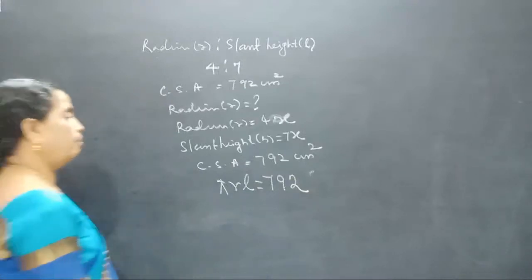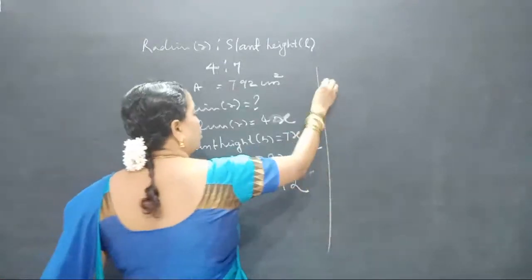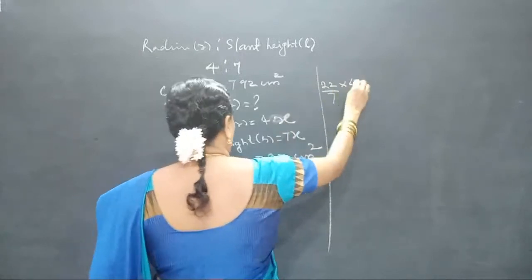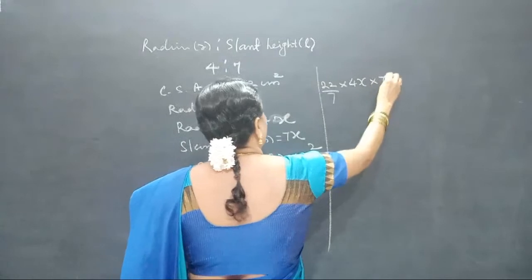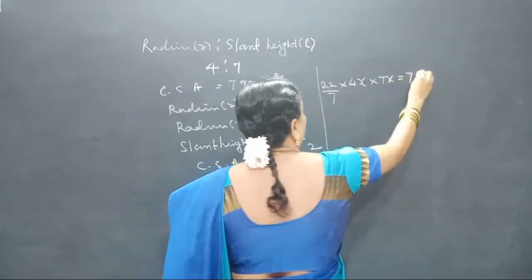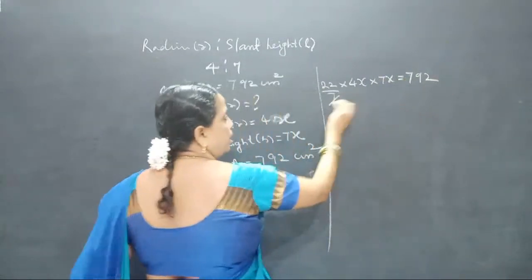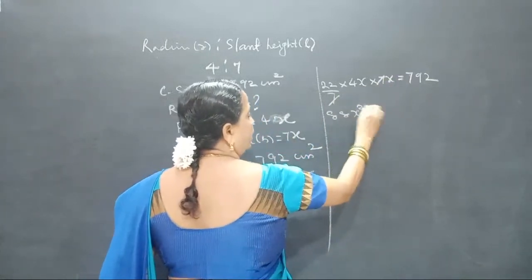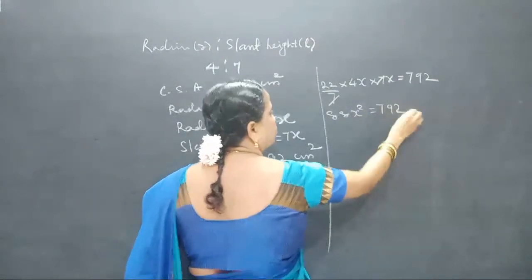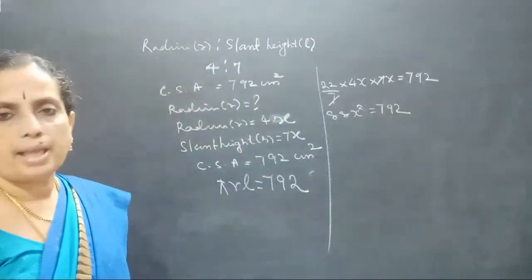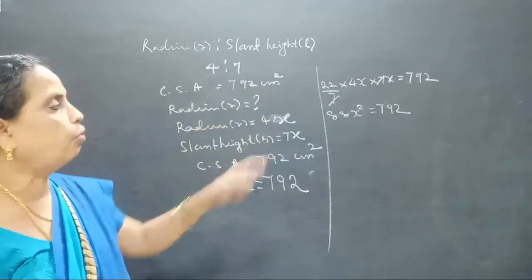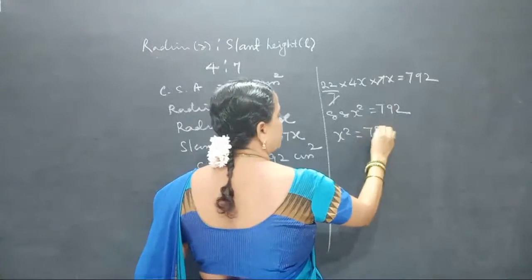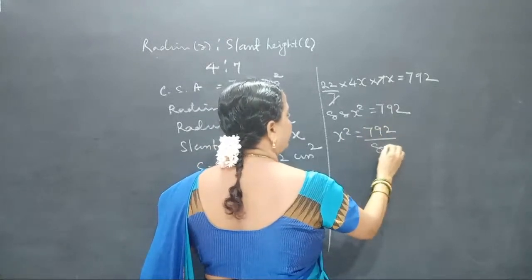Substituting 22 by 7 into 4x into 7x equals 792, these 7 get cancelled. What we have? 88x square equals 792. x into x, x square, 22 into 4, 88. Therefore, x square equals 792 by 88.